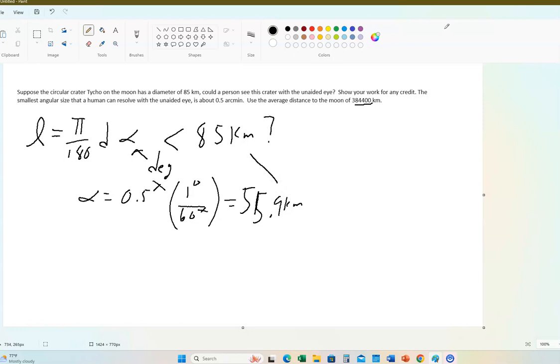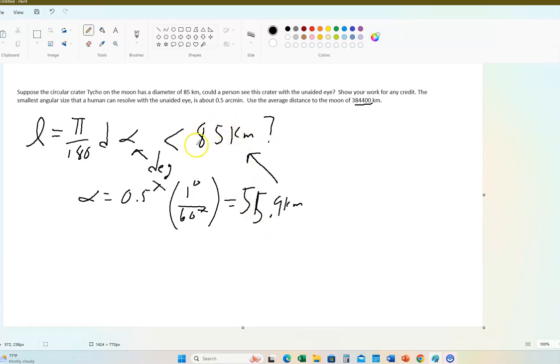And of course, this is larger. The crater is towards the southern pole of the moon. It's not right at the southern pole, otherwise we wouldn't be able to see it. But anyhow, the crater is greater than that, and so the human eye could see it.